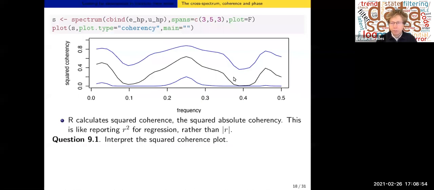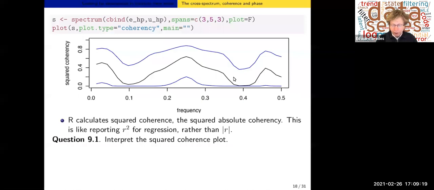Economists might think there are different business cycles of different lengths, but if you just think of lengths of booms and recessions, maybe that's about right. And previously, when we were looking for business cycles, we didn't find clear evidence of a peak in the unemployment spectrum at this frequency, but we find a peak in the coherence.